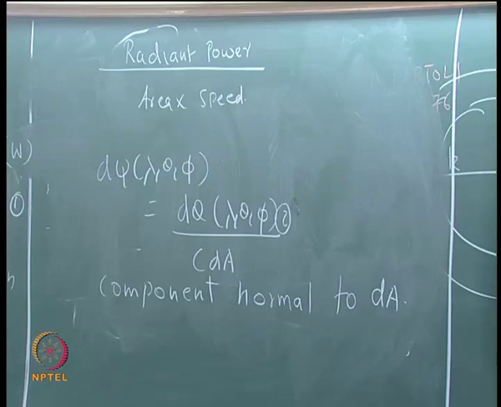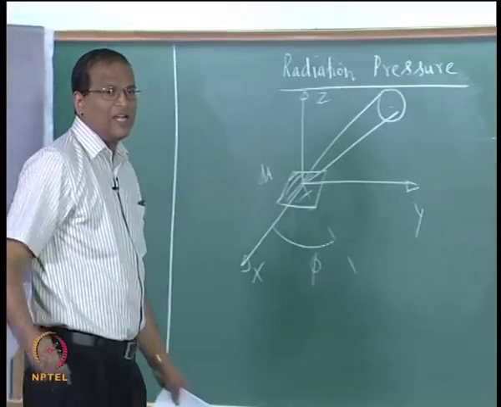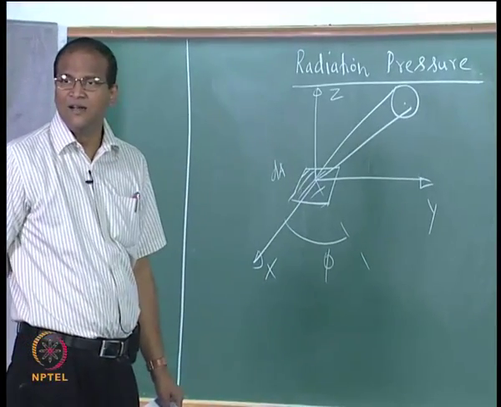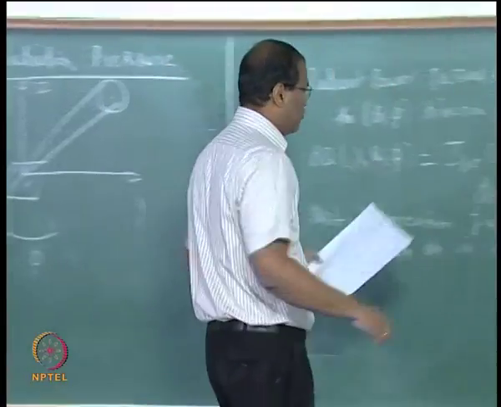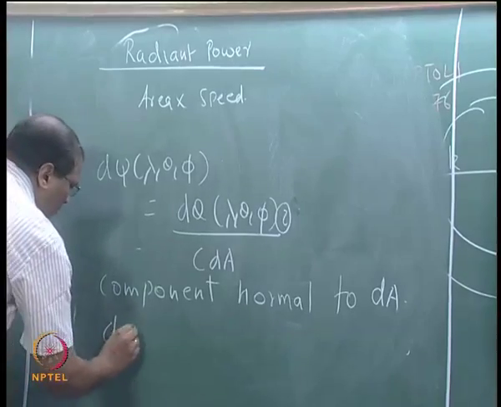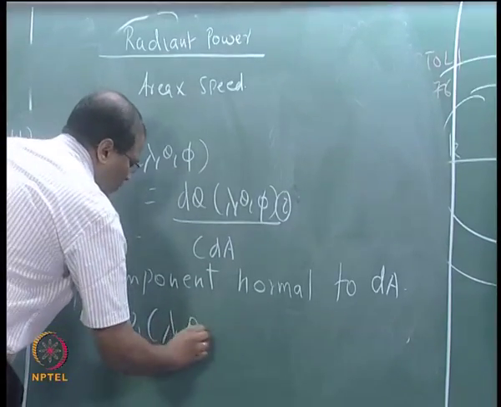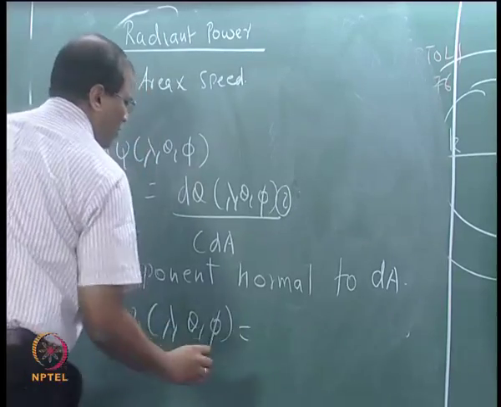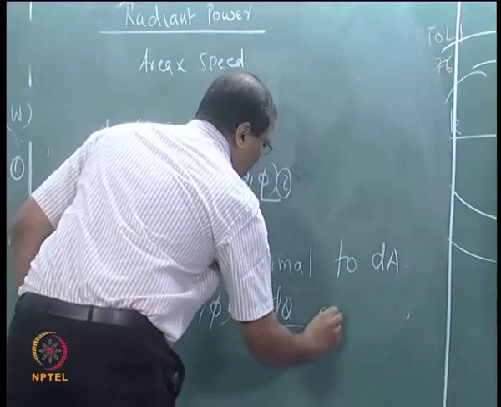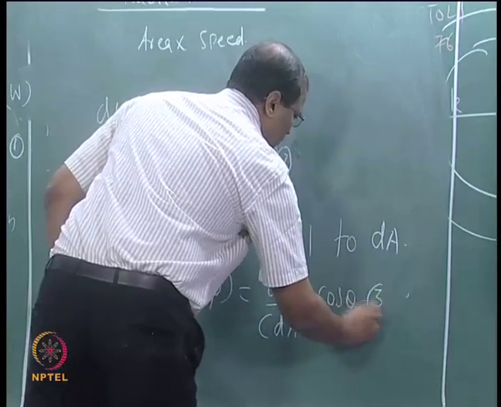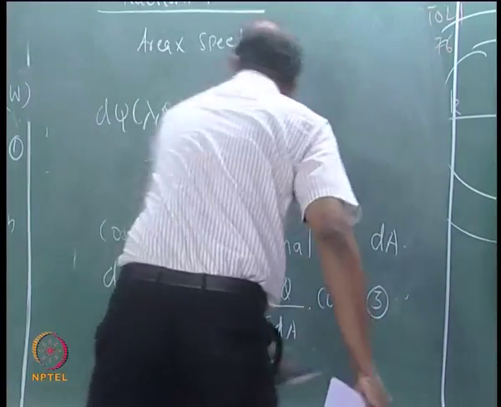Because it is going in this direction, or it is coming in that direction. What is the component normal to dA? There will be a cos theta, right? Therefore d psi n cos theta.